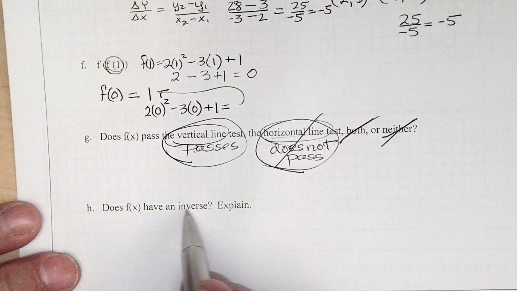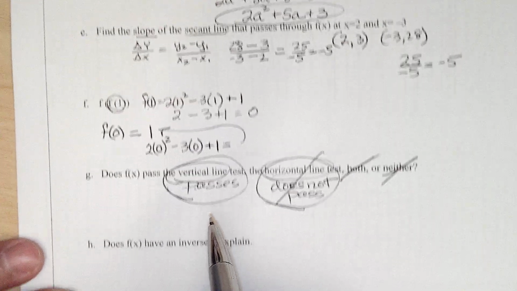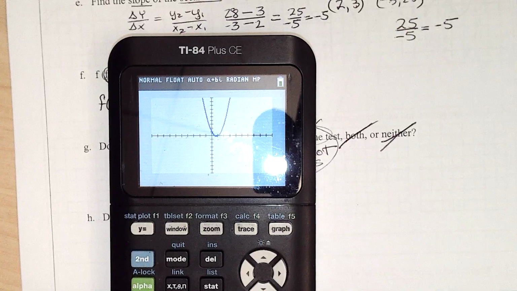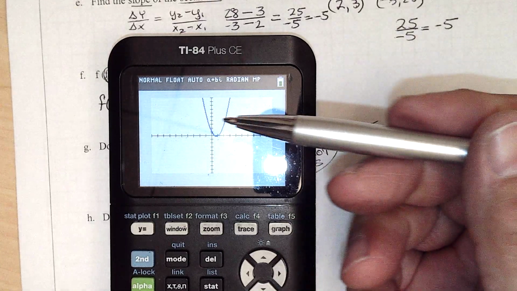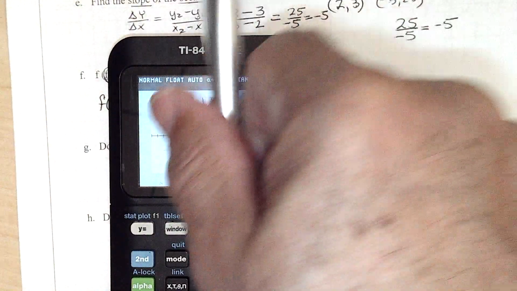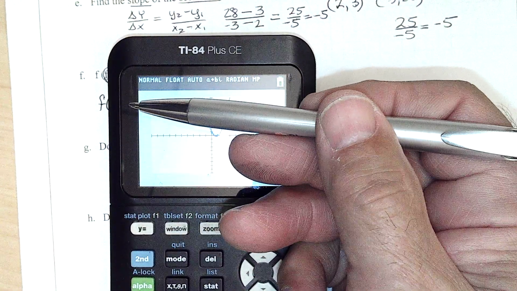Does f of x have an inverse? Well, to have an inverse, it has to be 1-to-1, which means it has to pass both the vertical line test and the horizontal line test.